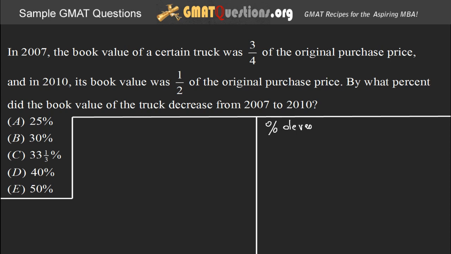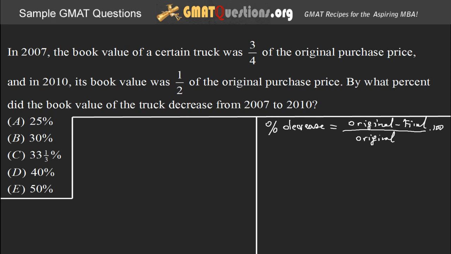We're going to write original first minus final over original. Now again, times 100. You still have to have the 100 there.